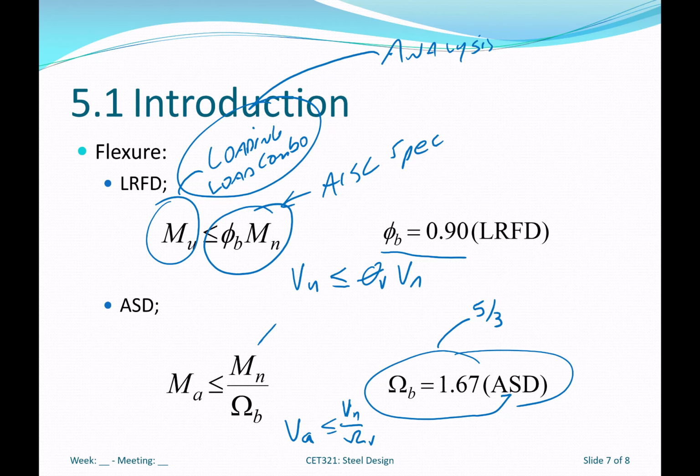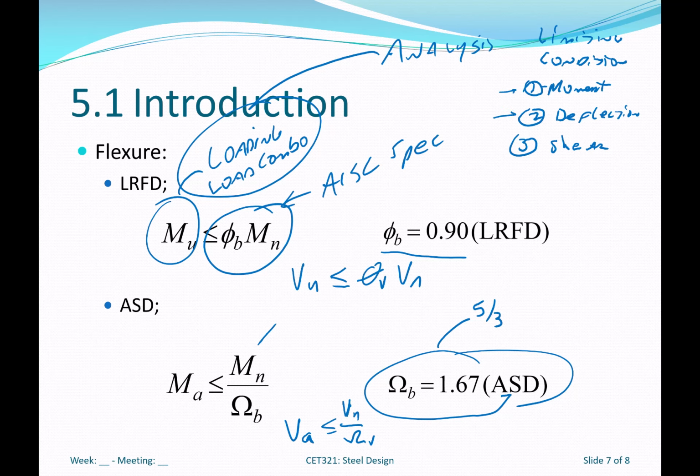So I would say our limit states are our limiting conditions. All right, our limiting conditions are moment first, deflection, and again, this can change depending on span, and then shear. All right, shear hardly ever controls. Sometimes moment controls, sometimes deflection controls. Okay, so we'll get all those as we get through this chapter.